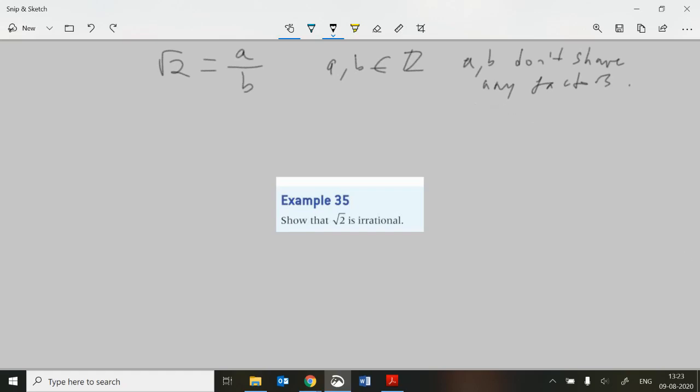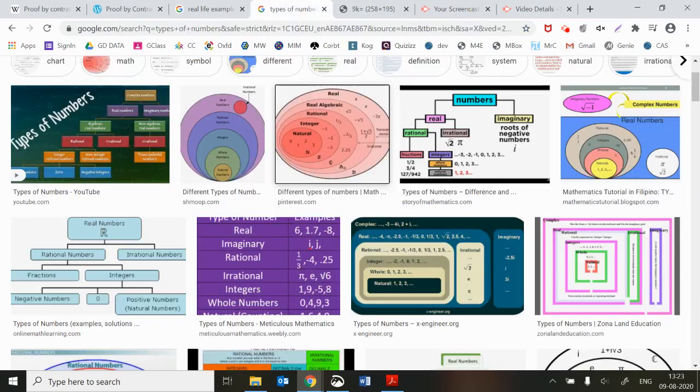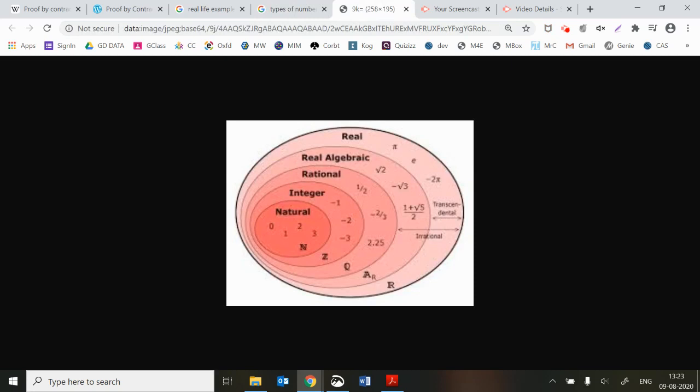Okay, now if you don't know what a rational or an irrational number is, of course you can Google these things. And when I just Googled types of number, I came up with this one. Just open this as a picture, and you can see here's a sort of fullish number system. Perhaps complex numbers are missing from around the outside. In this example, they've included 0 as a natural number, which we've spoken about before is debatable.